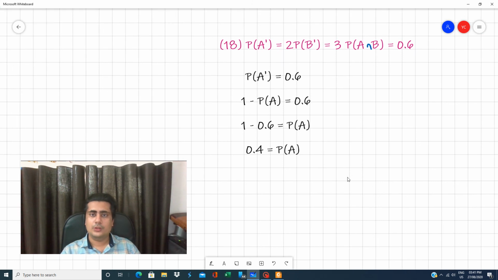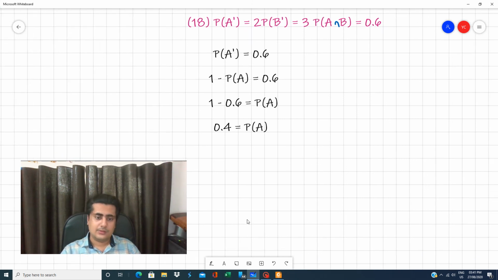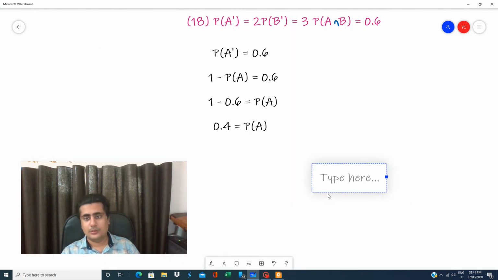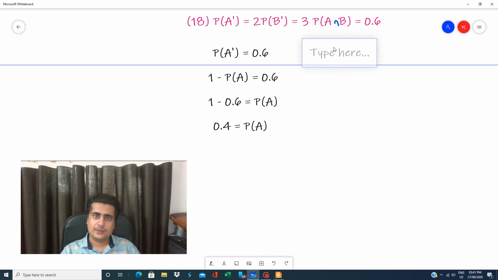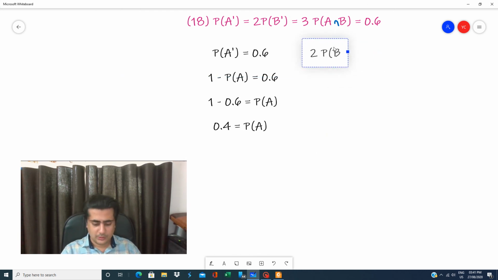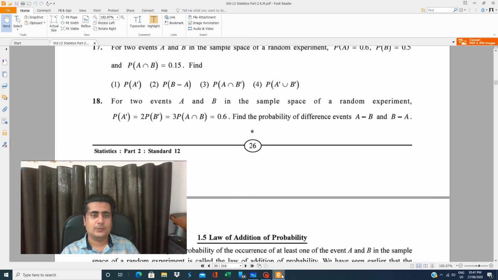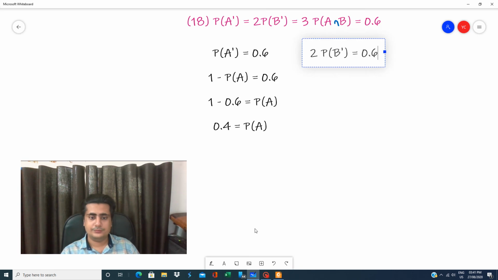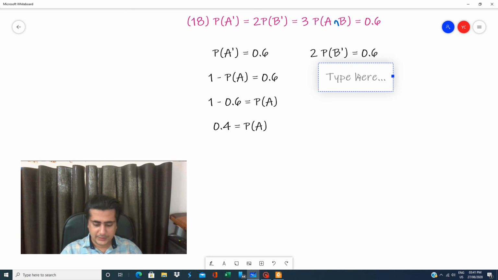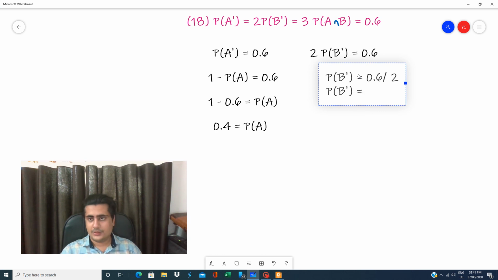Okay, so we have solved one thing, 0.4. Then let us solve B also. Here it is 2 P of B dash equal to 0.6. Now here P of B dash is equal to 0.6 upon 2. So P of B dash is equal to 0.3.